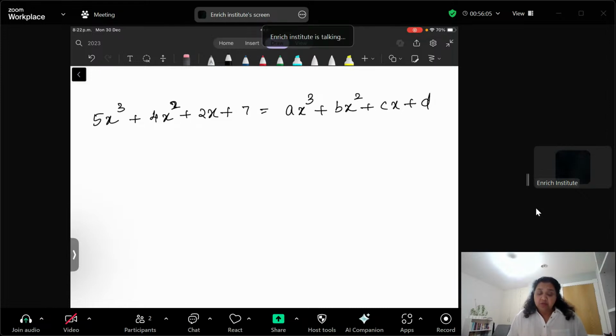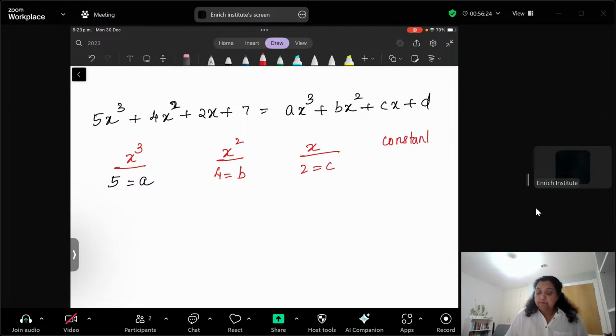So when you take a cubic expression, first you equate the coefficient of x cube, so that is 5 is equal to a. Then you equate the coefficient of x square, it will be 4 equal to b, and then x, 2 is equal to c, and the constant, 7 is equal to d.